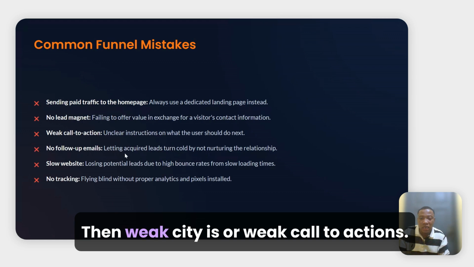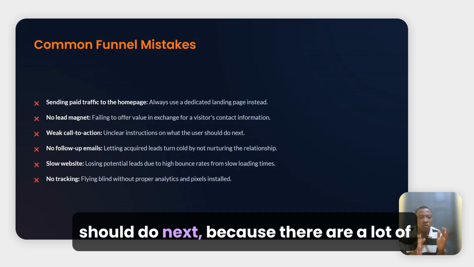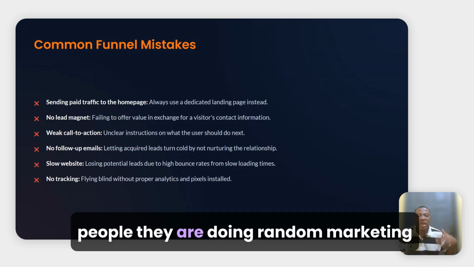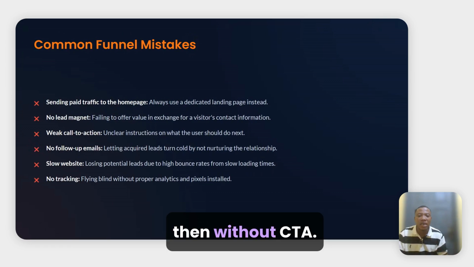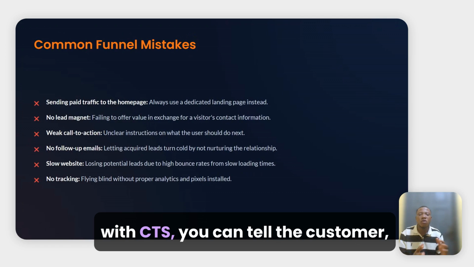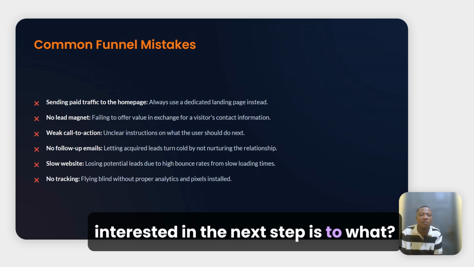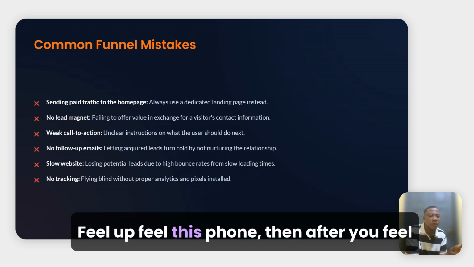Then weak CTAs, or weak calls to action, which means unclear instructions on what the user should do next. A lot of people are doing random marketing without a CTA, so they are not telling the customer what to do. With CTAs you can tell the customer, okay, you have seen my product, you are interested, the next step is to fill this form.